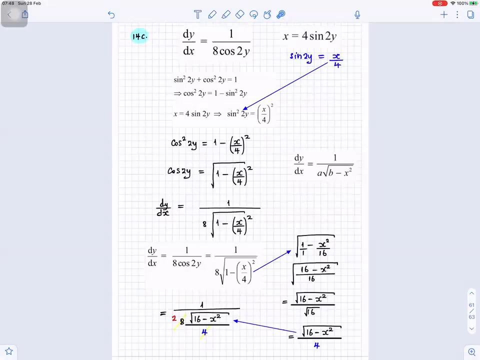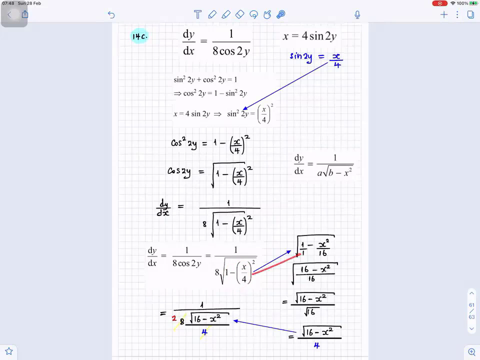From there we want to change it to look like that dy over dx equals that. So we know cos 2y is the square root of 1 minus x over 4 squared. And then we got dy over dx is 1 over 8 cos 2y. So 1 over 8, and then there's the cos 2y.